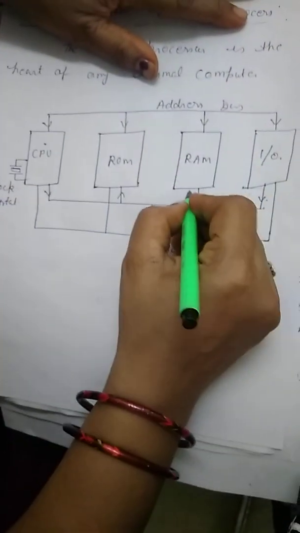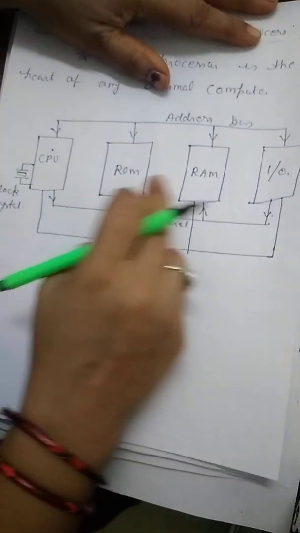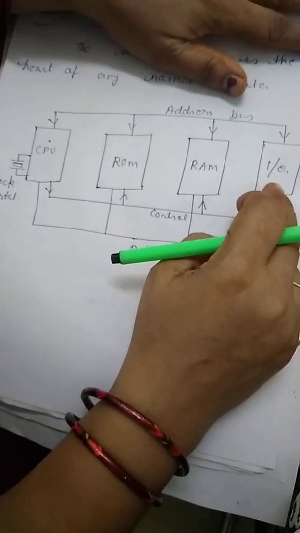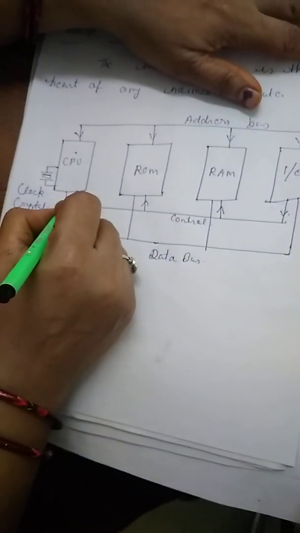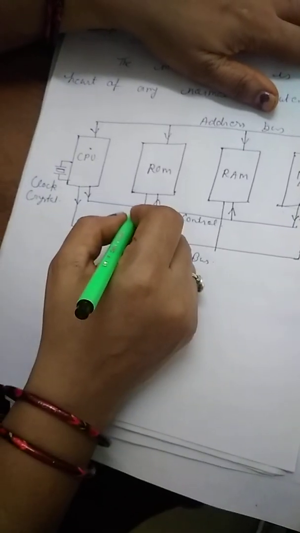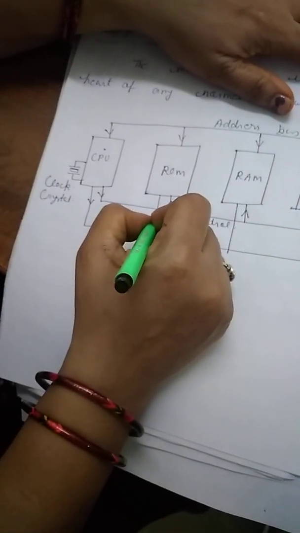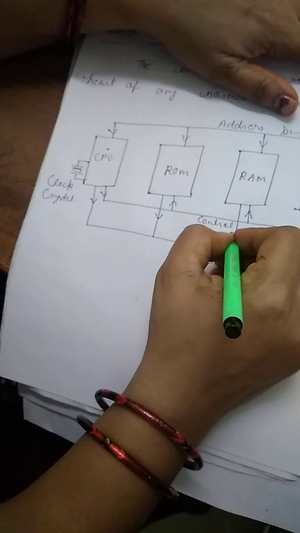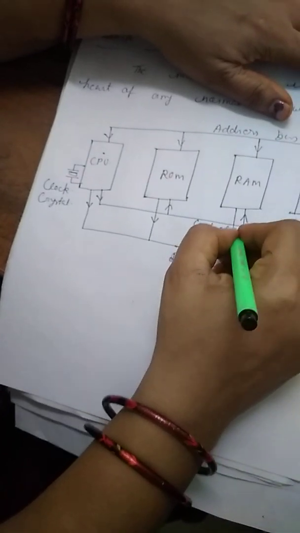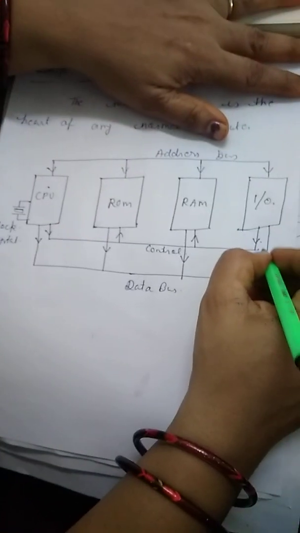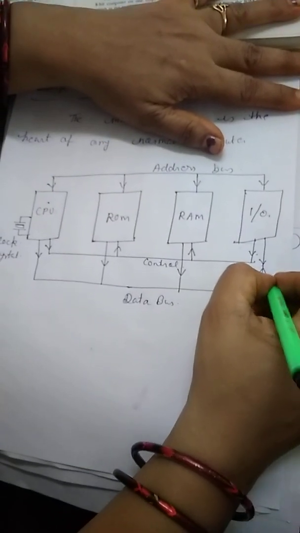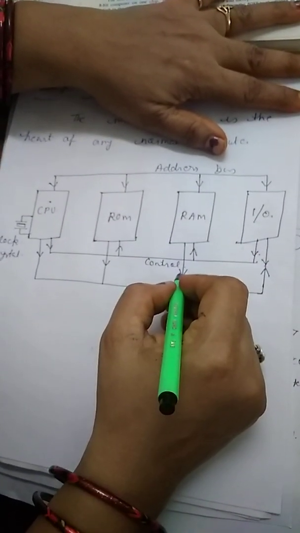It is also connected to the 4 blocks, that is CPU, ROM, RAM and input output device. Signal can go from CPU to ROM, ROM to RAM and RAM to input output ports.